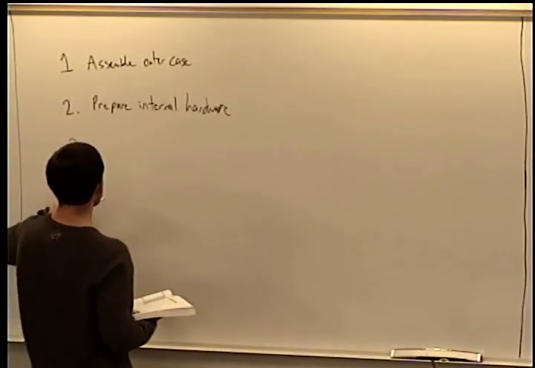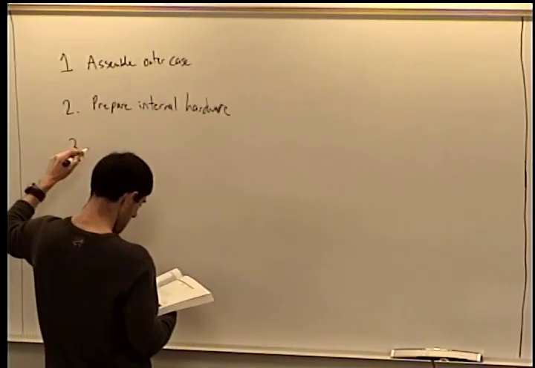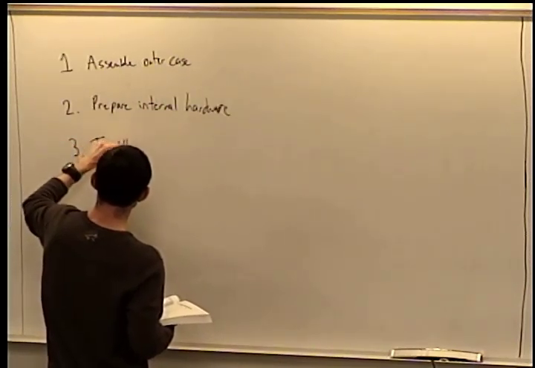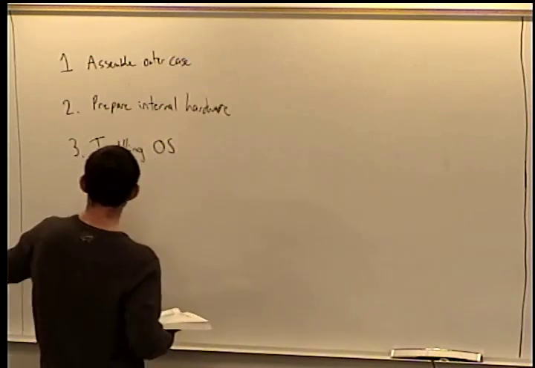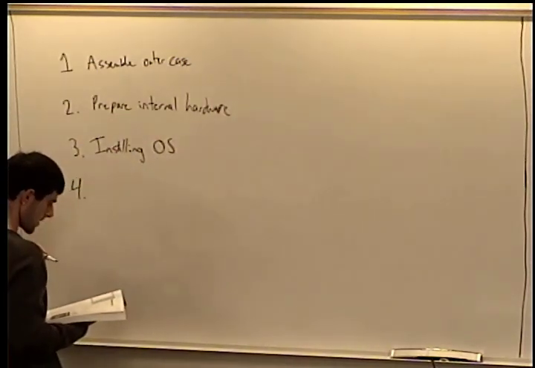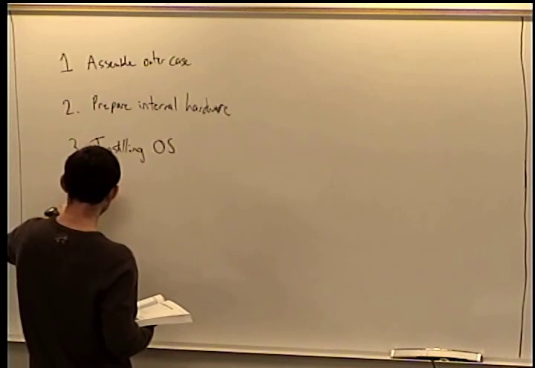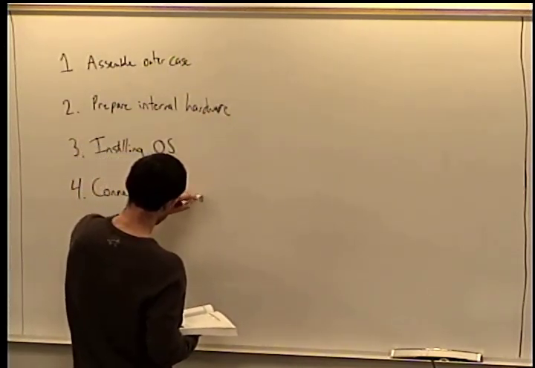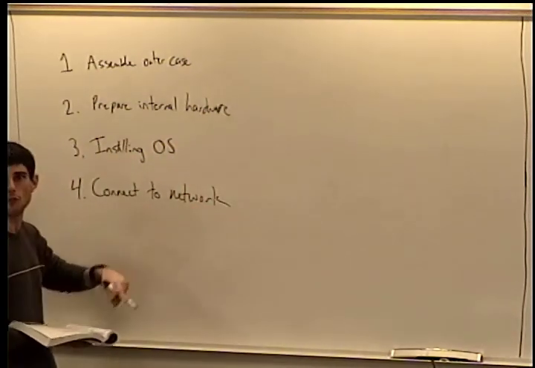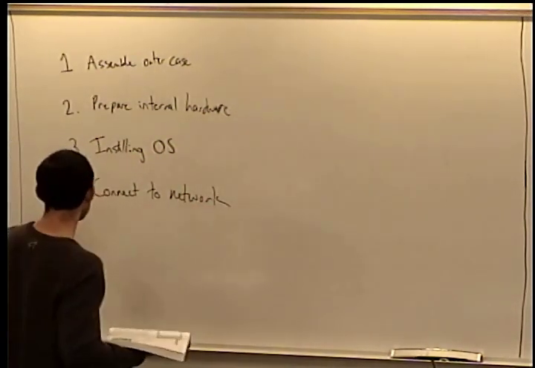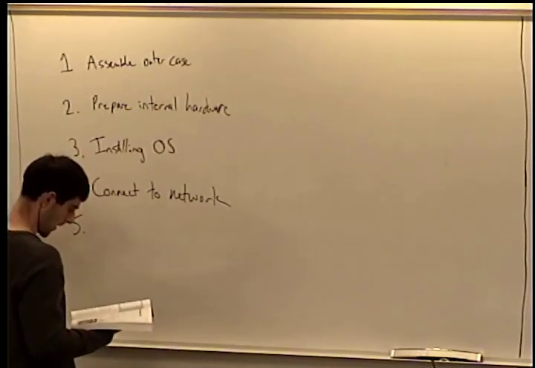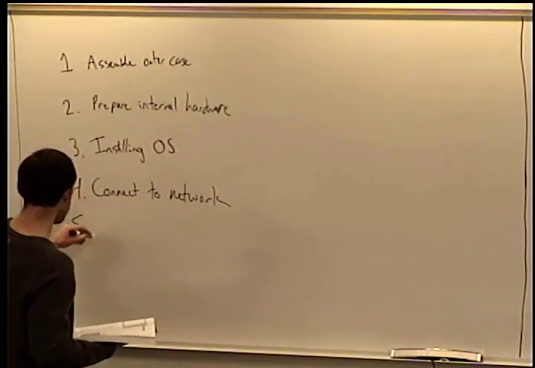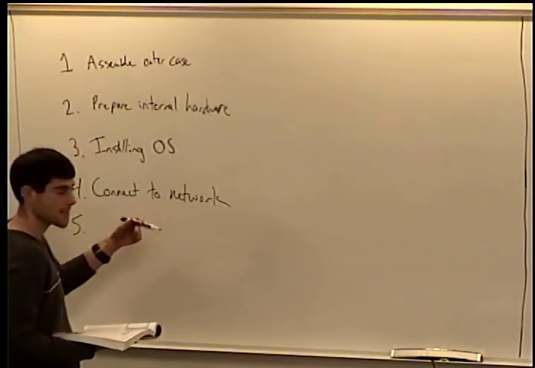Step three is we have to install the software, so getting the operating system on there. The fourth step is to connect it to a network, so we have to make sure our cell phone communicates with Verizon or AT&T or Virgin Mobile. And then step five is we sell it off to the retail seller. So Verizon or AT&T would sell their phone.